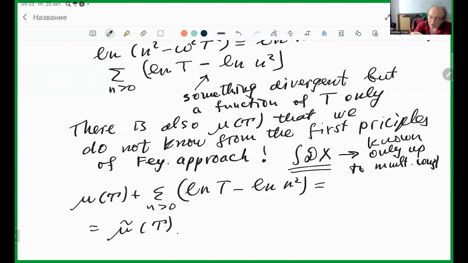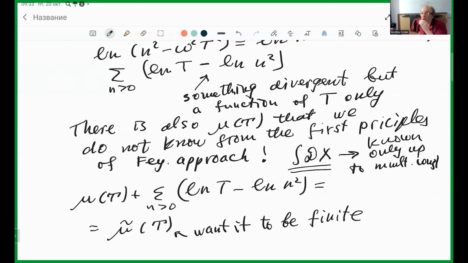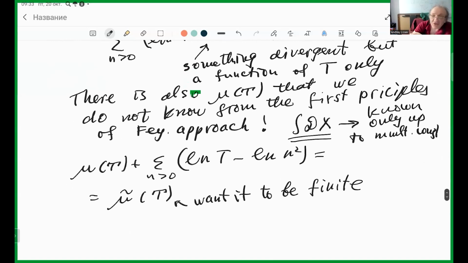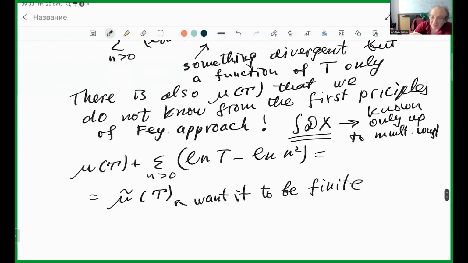And we want it to be finite. So here we already see some cheating, okay? But it is a section of pros, not a section of contrast.